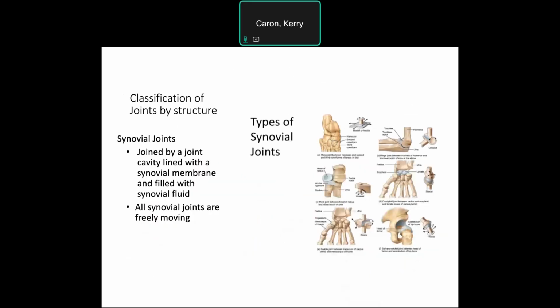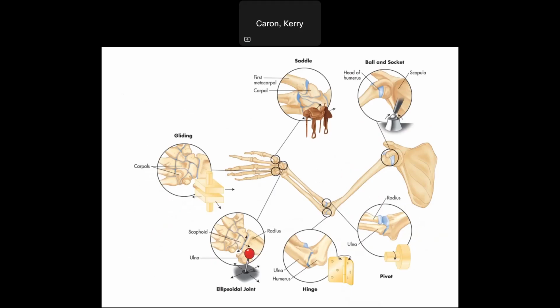We also talk about articulations or joints by structure. Synovial joints obviously have a synovial membrane. We talk about their function too. Gliding joints would be like our wrists that have lateral movements. The only saddle joint in the body, I believe, is the thumb joint, the first metacarpal.